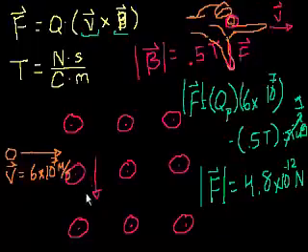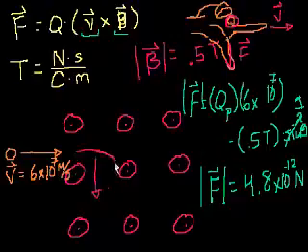And so what's going to happen? Well, if you remember a little bit about your circular motion and your centripetal acceleration, what happens when you have a force perpendicular to velocity? Think about it. If you have a force here and the velocity is like that, the particle will be deflected a little bit to the right. And then, since the force is always going to be perpendicular to the velocity vector, the force is going to change like that.